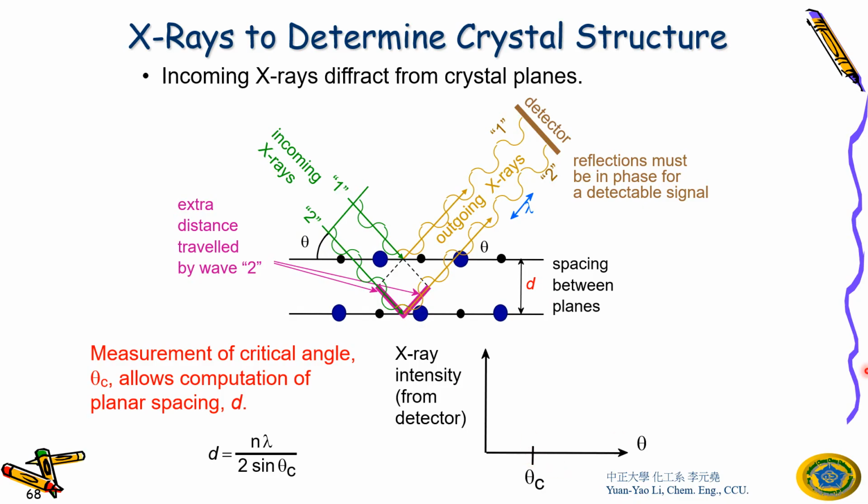So you will get a peak in this pattern, especially at this angle, right? And if you change your angle, you'll get another peak if this is constructive interference. Of course, you get nothing if this is destructive interference, right?